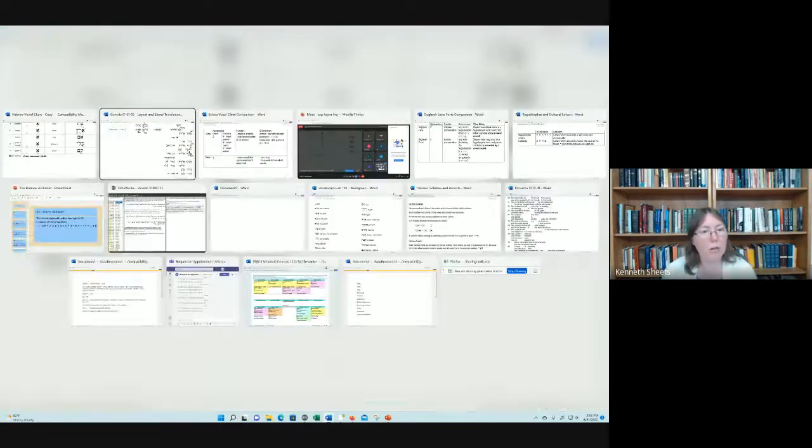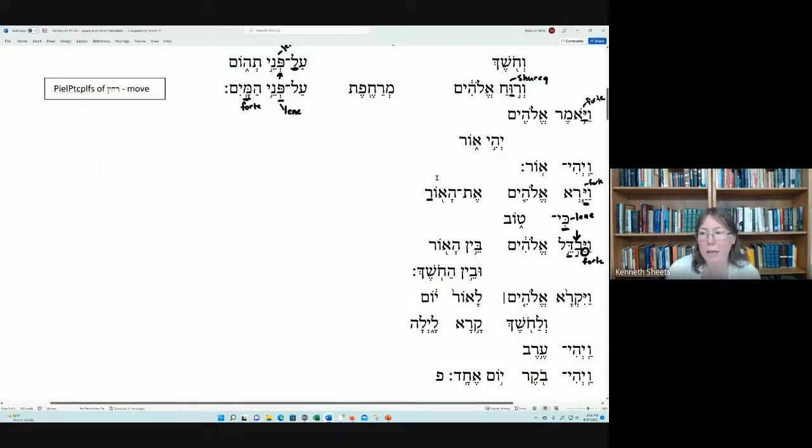And we have also indicated that most Hebrew words are accented on the last syllable. So the last syllable here would be the Daleth, Tsere, Lamed.